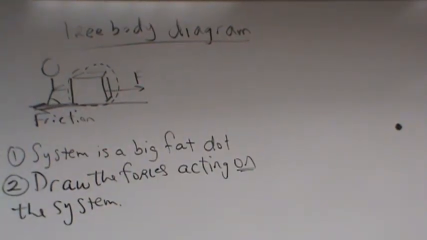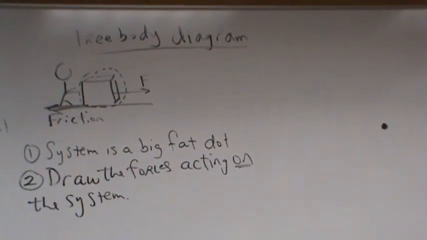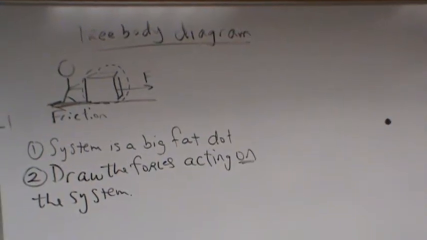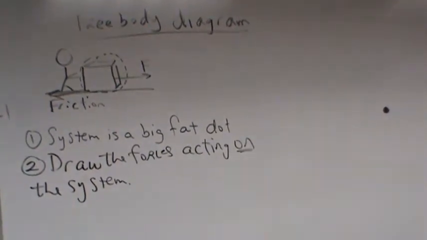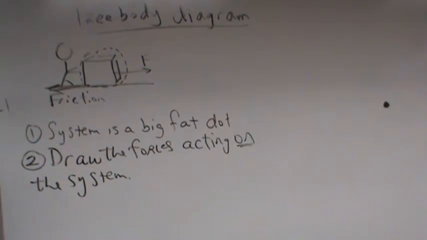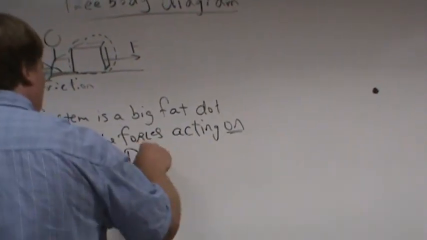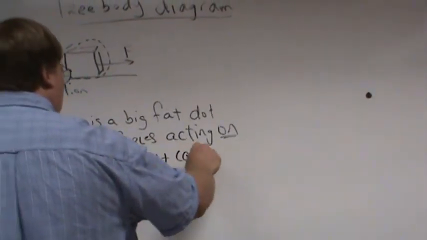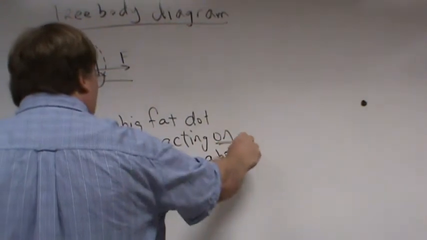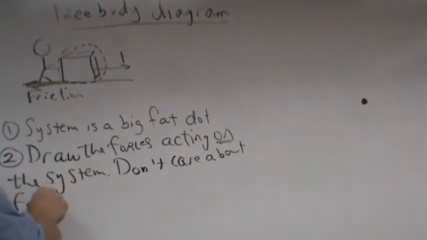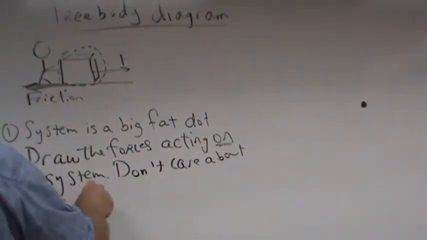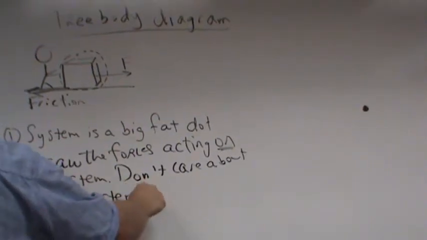You do not care about the forces that the system is exerting on its surroundings. You only care about the forces that the surroundings are exerting on the body of interest. Don't care about forces that the system exerts on the surroundings.